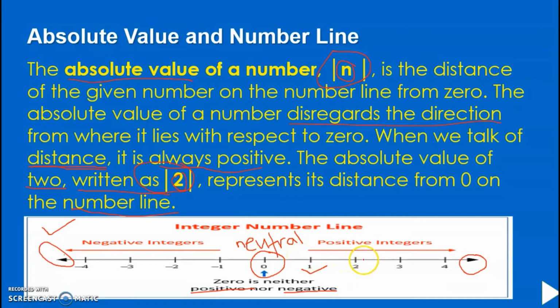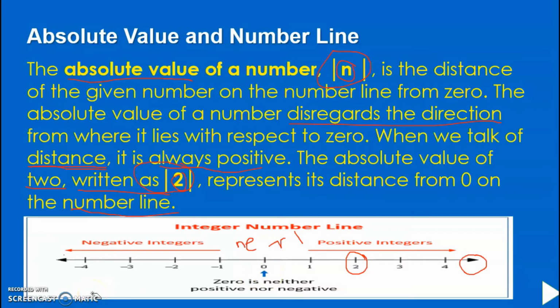So as you can see here, this is 2. If we are going to define the absolute value of 2 by the word distance, we could say that the distance covers from 0 to positive 2, because it refers to the absolute value of positive 2, and 2 is on the positive side of integers.